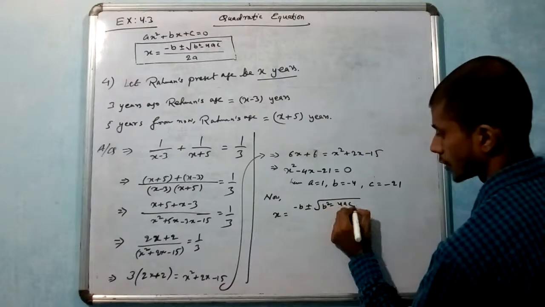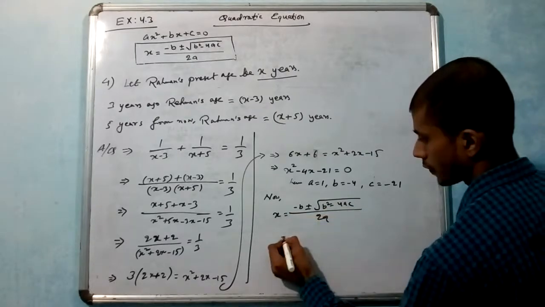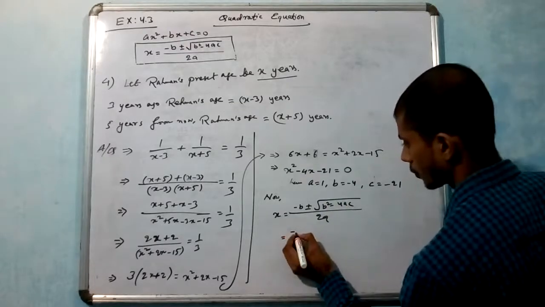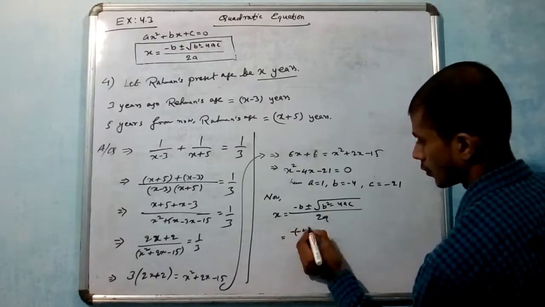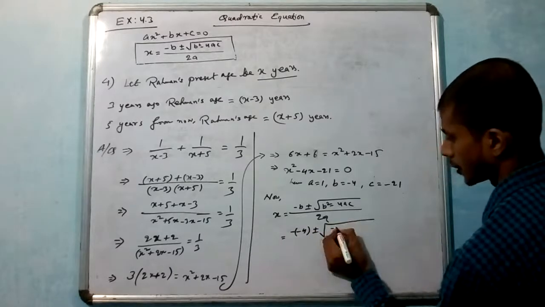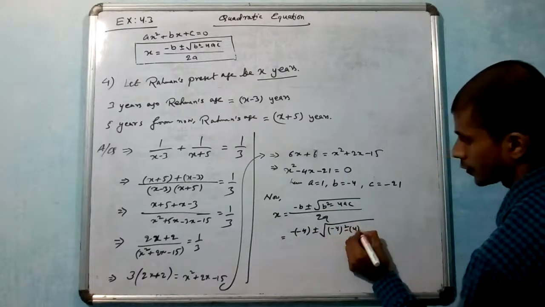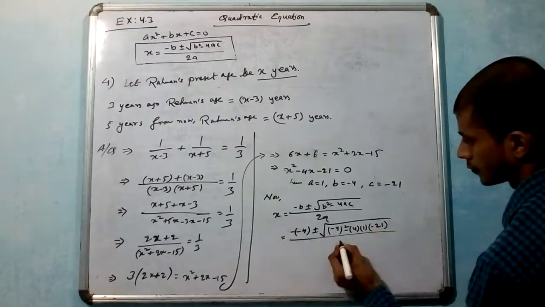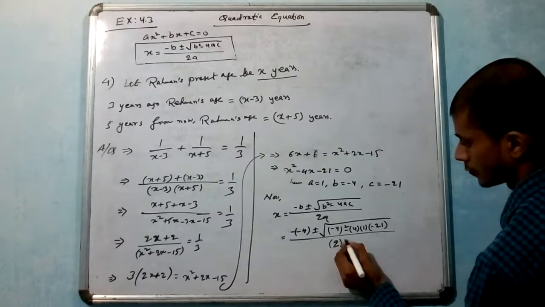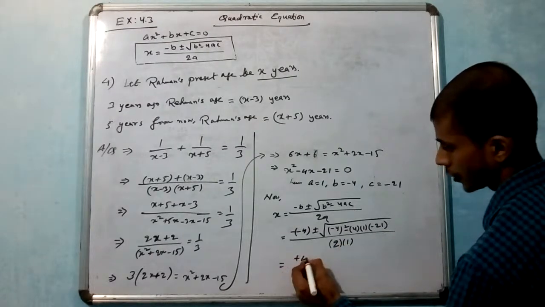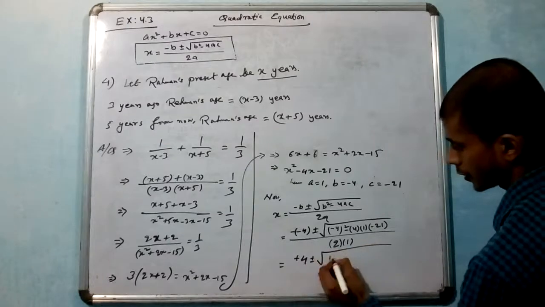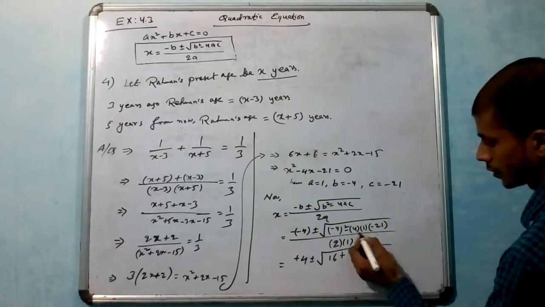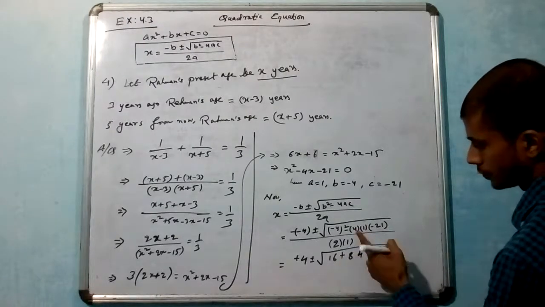Substitute the values. So minus of minus b, how much? Minus of minus 4. Plus minus square root of minus 4 whole square, that is 16, minus into minus plus 21 into 4, 84, by 2, isn't it?